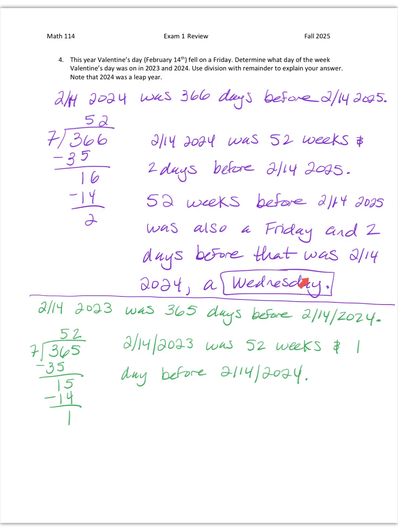So 52 weeks before this date is also Wednesday, and then we got to go back one more day, so it would be a Tuesday. So February 14th, 2023 must have been a Tuesday.